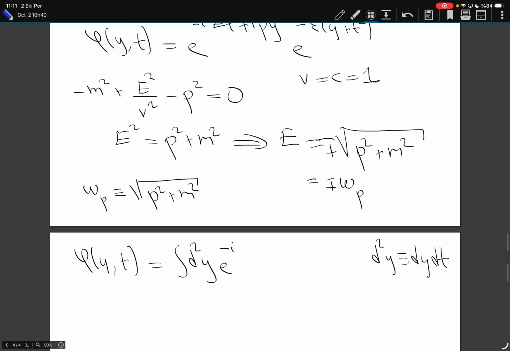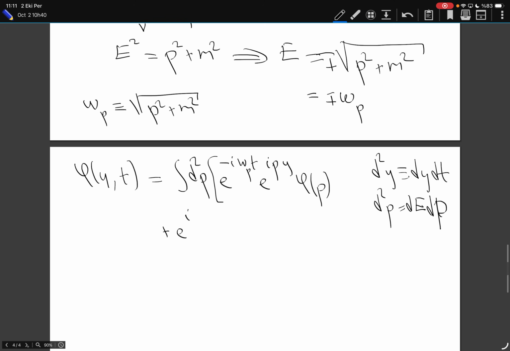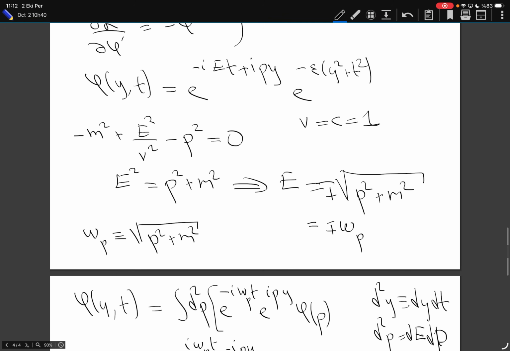d squared p, e to the power minus i omega p t, e to the power i p y, some coefficients of, let's say, p only, plus e to the power i... You said we take h bar equals 1, right? Yes, h bar equals 1.